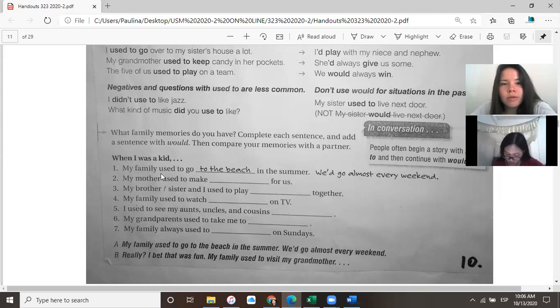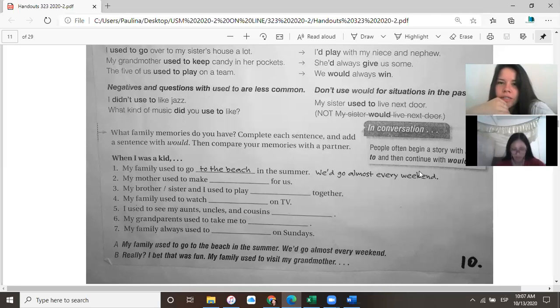For example, Isidora, my mother used to make... Breakfast? I don't know. And can you, Isidora, add another sentence with would? We... Oh, okay. But in the same context, yes, about breakfast.